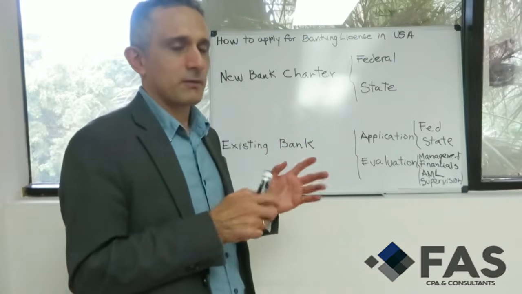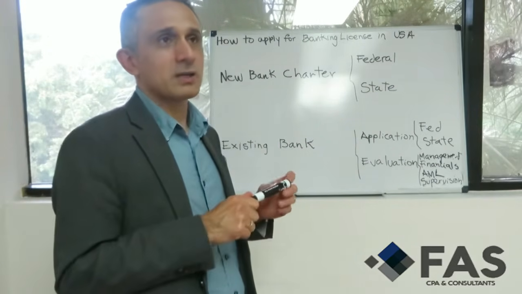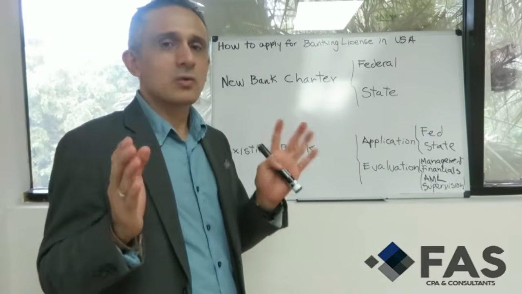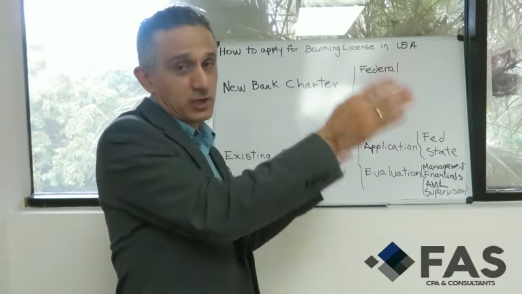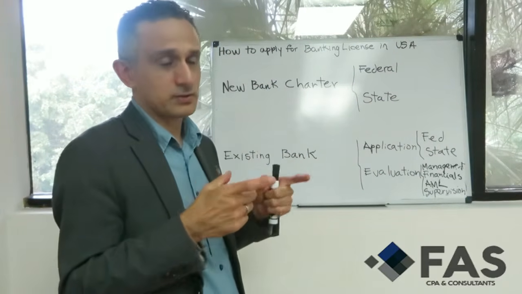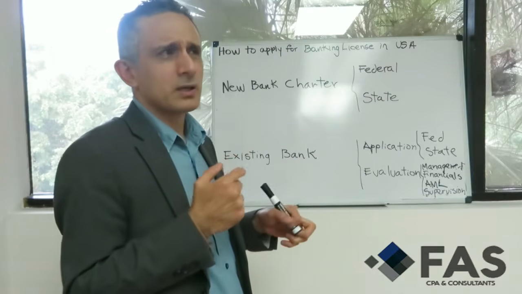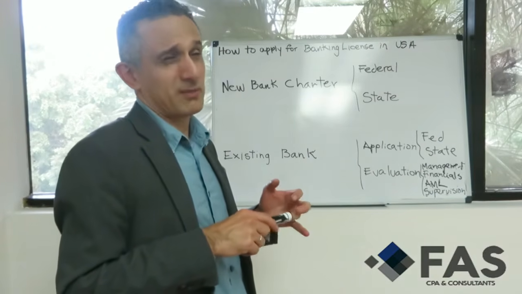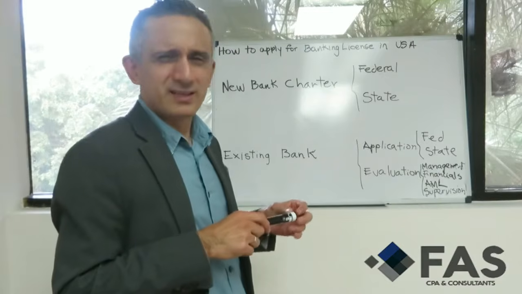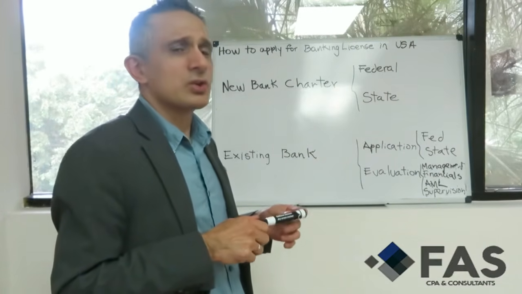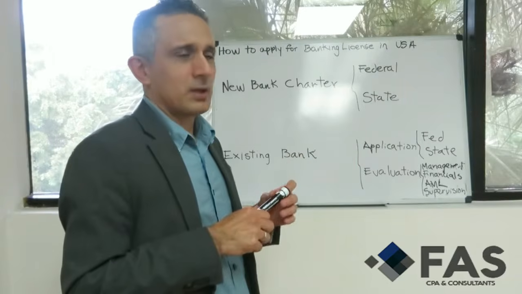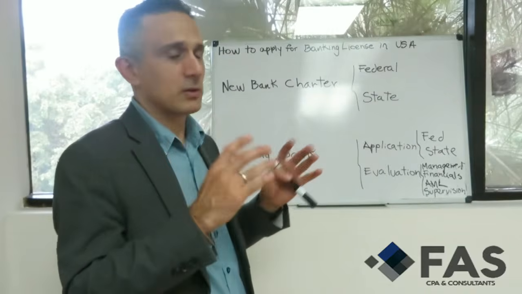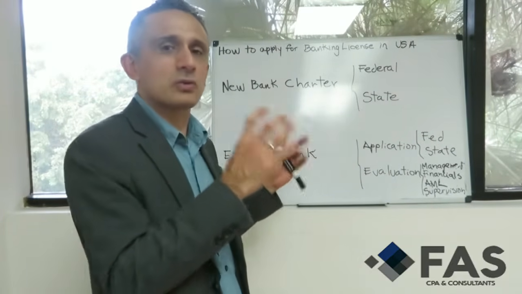Basically, the different banking authorities in each of the states prefer that existing banks in the US purchase those banks that are for sale, in a kind of consolidation. In recent years, the banking authorities in some states, for example New York and Texas, started to issue new licenses. It was very rare for a state to issue new licenses, because basically what they want to do is to consolidate the banking system.